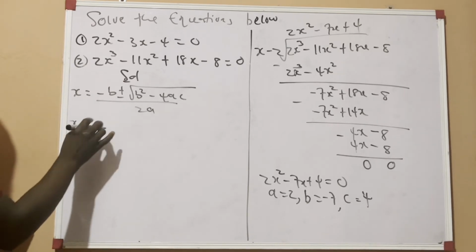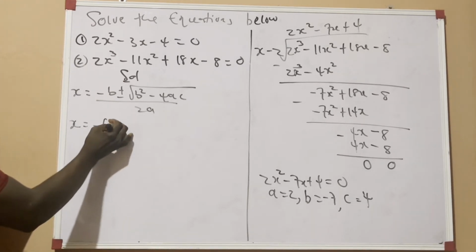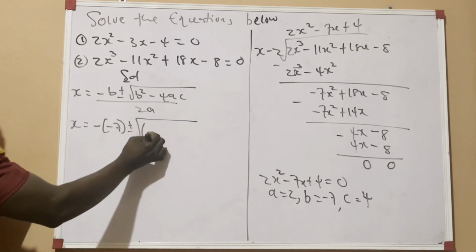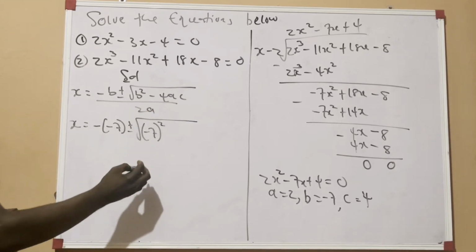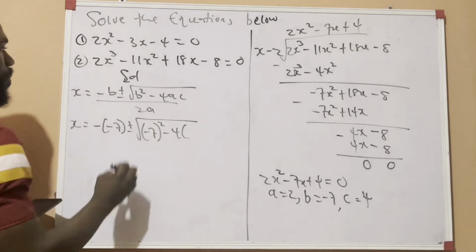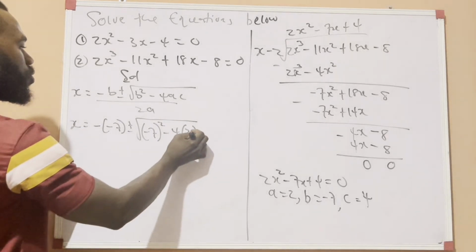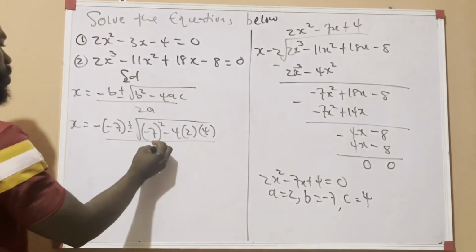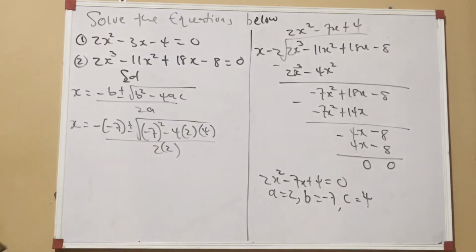Substituting the values for a, b, c into the formula, we are going to get x is equal to minus b, which is a negative 7, plus or minus square root of negative 7 raised to the power 2 minus 4 into brackets, a is positive 2 and c is positive 4, all over 2 into the bracket of positive 2.